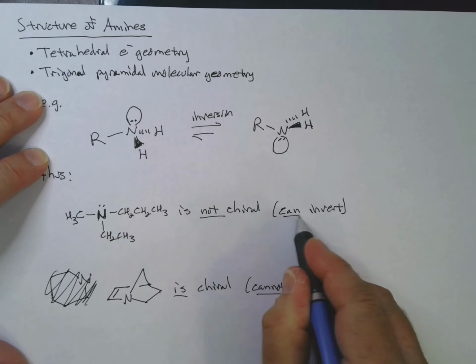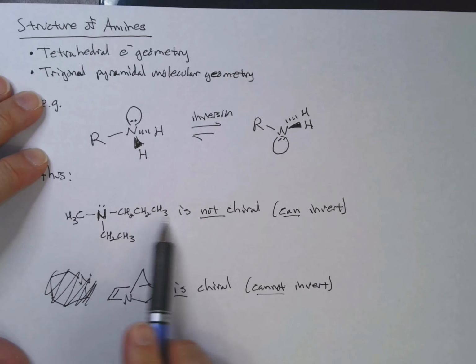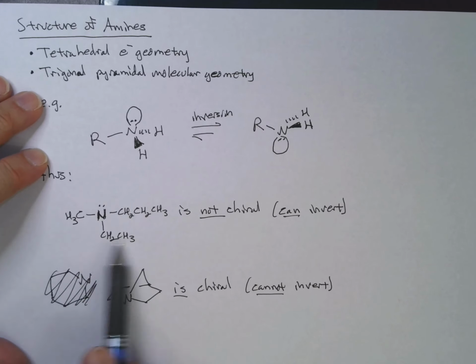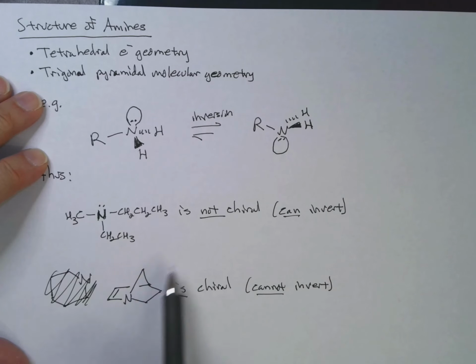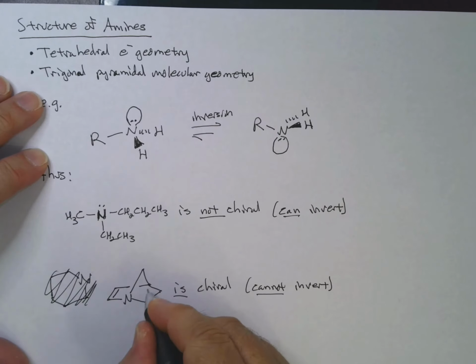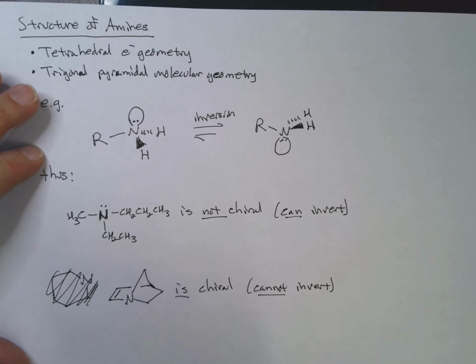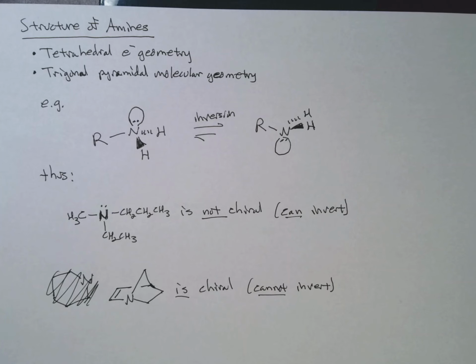And that's because it cannot invert. So the amine that is not chiral, even though it's got 4 different things, can invert. The chiral amine has 4 different things, and it cannot invert just by geometry. We just can't get this guy to invert because the alkyl groups are all attached at the other side, so they'd have to come undone. Anyway, you get the general idea.